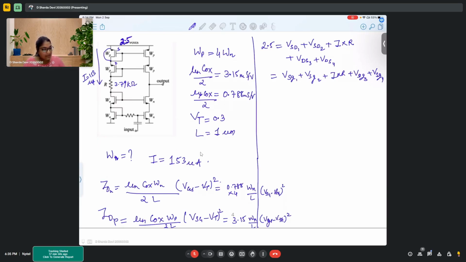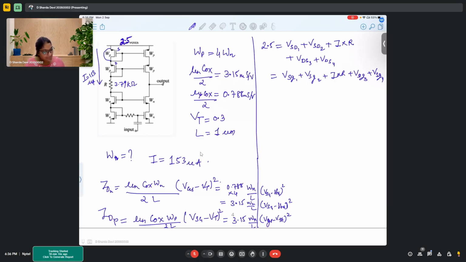So if you calculate 0.788 into 4, what is the value that you get? 0.788 times 4. It's the same 3.15, right? So this comes out to be 3.15 Wn by L (VSG minus VTH) square.